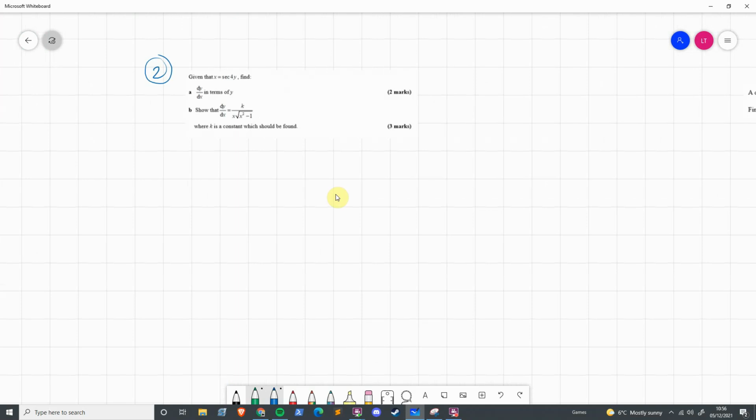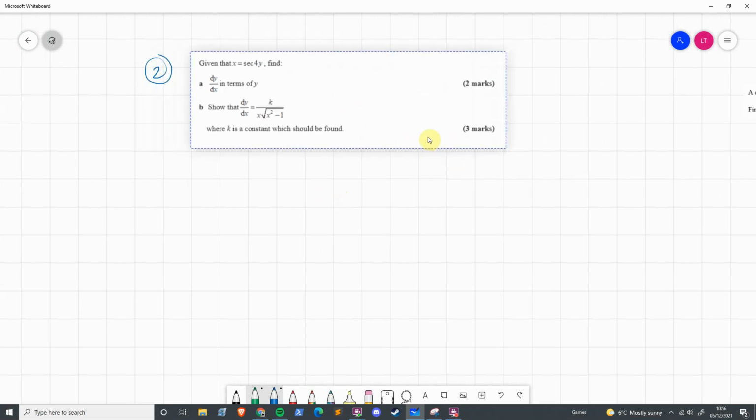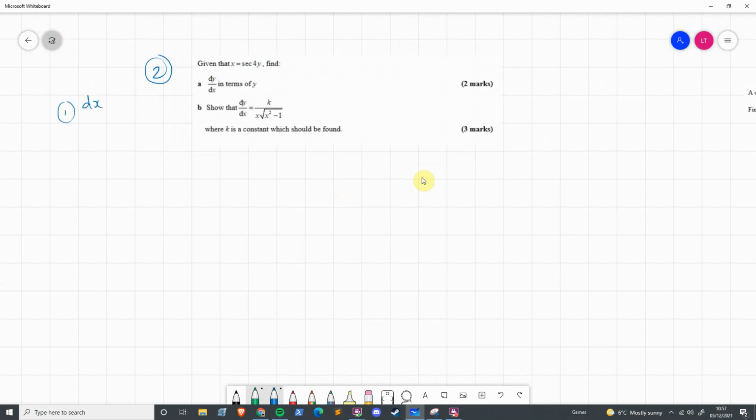Okay, so we've been given something in the form x equals. Hopefully we know how to deal with that. Step 1, you just find dx by dy. Step 2, you flip to get dy over dx. I'll show exactly what that means in my solution. So that's part A done.